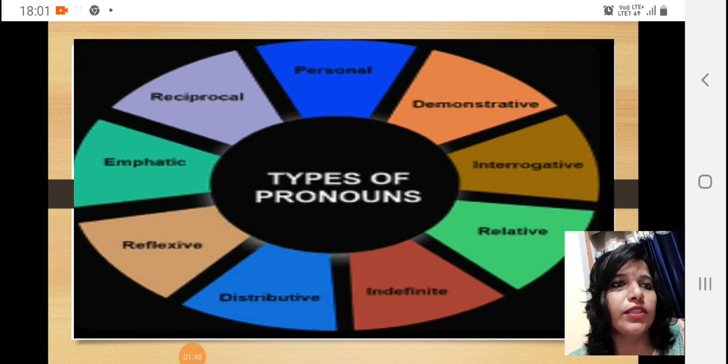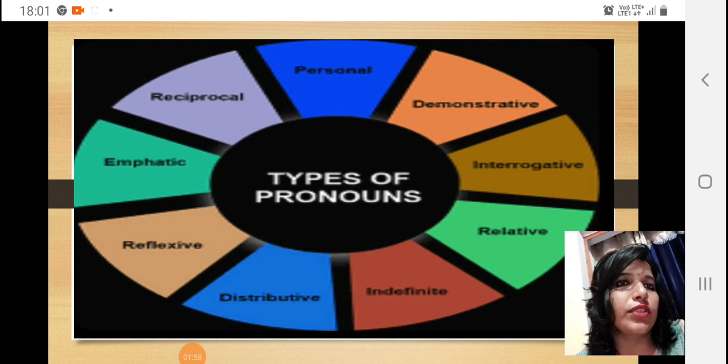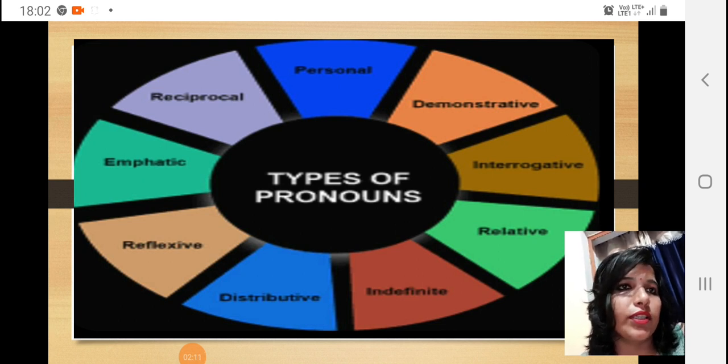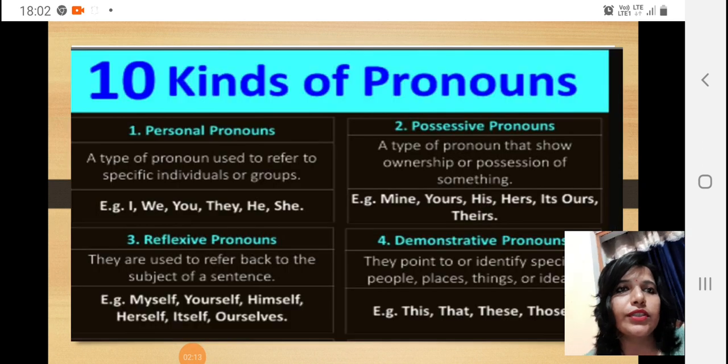Here 8 types are given, but next we are going to study 10 kinds. In different sources you will get different types, so connect it with your textbook contents and prepare accordingly. The 10 kinds are given here along with definitions and examples.